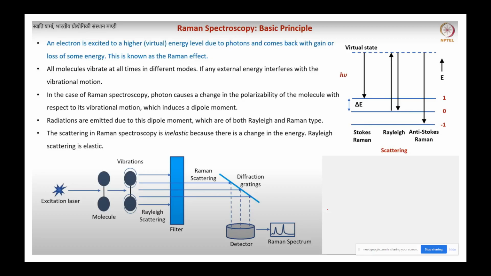As you all know the Raman effect, here your electron will be excited to a higher energy level due to photons, and it will come back.